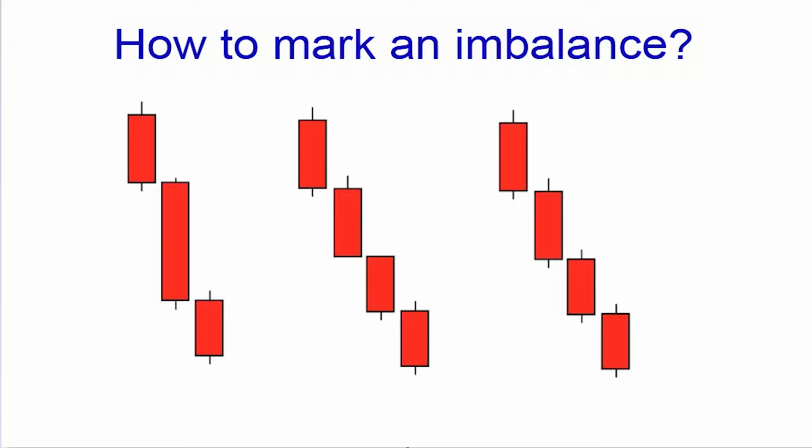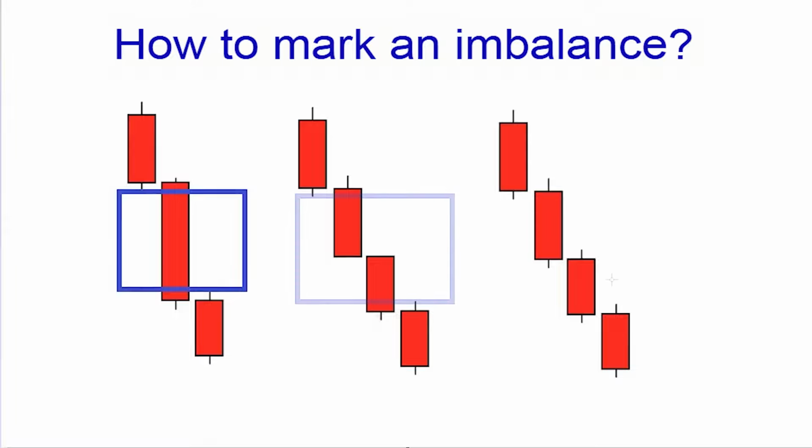In the first example, we label the imbalance as usual, using the three-candle structure from the extreme of the first candle to the extreme of the third. In the second example, there are two intermediate candles between the first and the last, and the candles between the second and third have no wicks or very small ones.